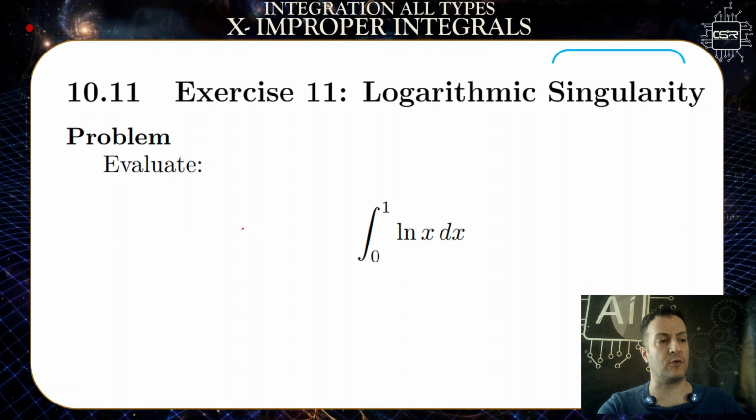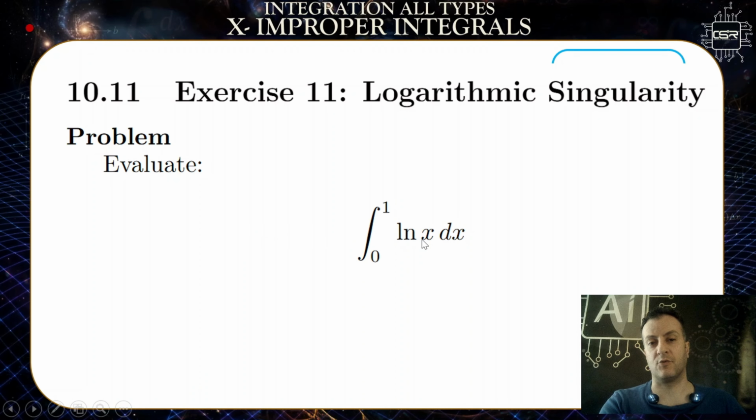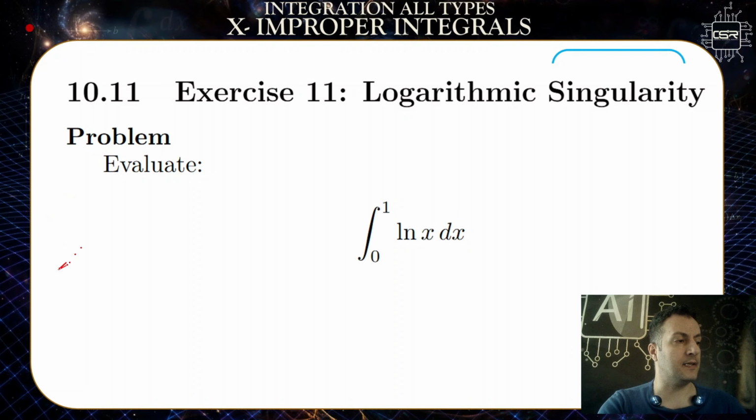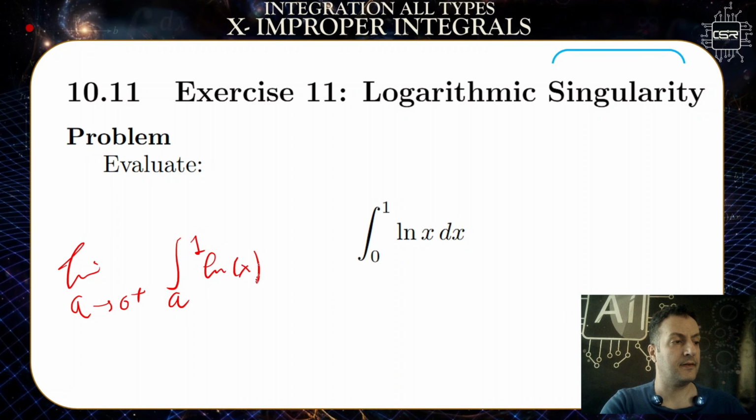Evaluate integral from 0 to 1 of ln x dx. Now, given that ln 0 blows up, we need to use the method of the limit. So this becomes limit as a approaches 0 plus of integral from a to 1 of ln x dx. Okay, what is integral ln x dx?